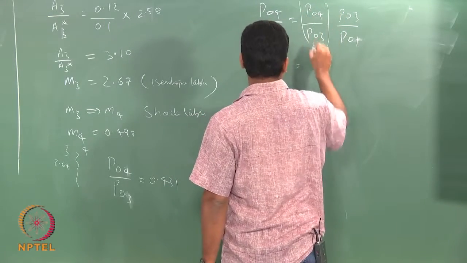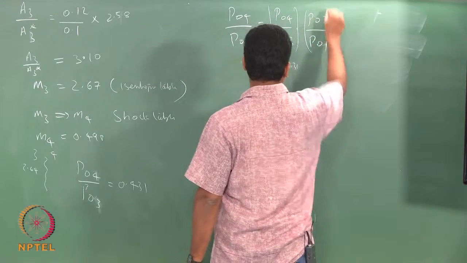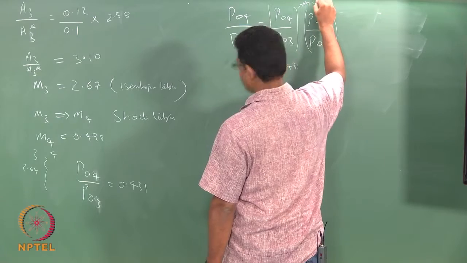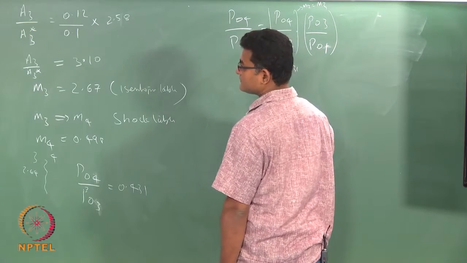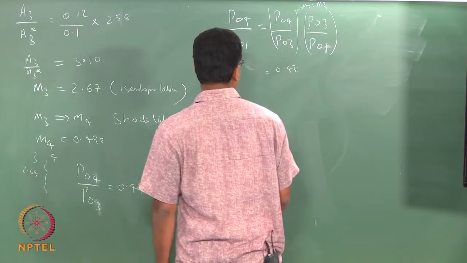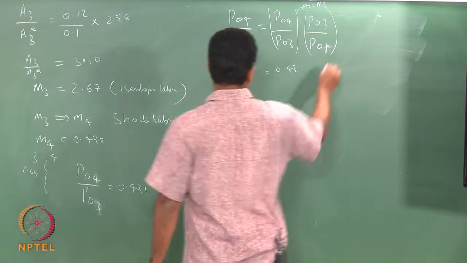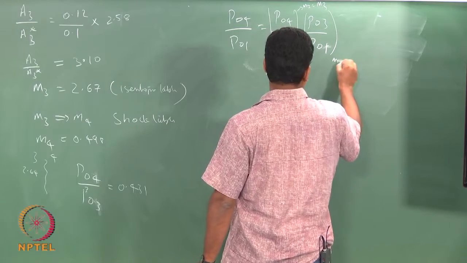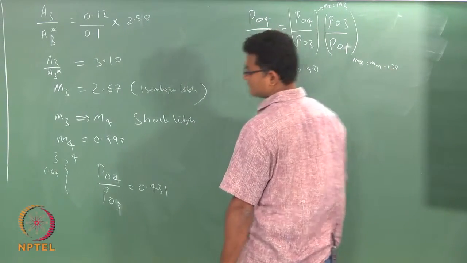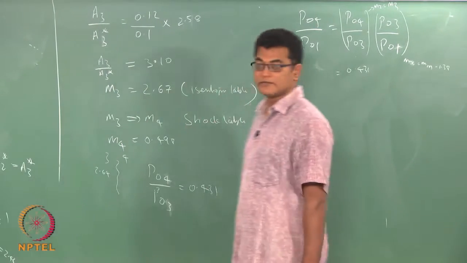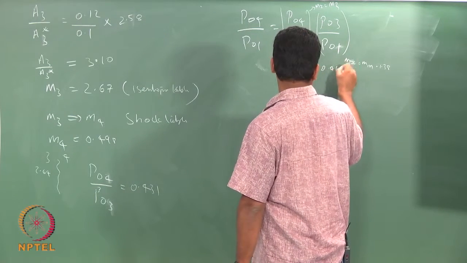This is associated with the shock relation, which is 0.431, with mx equals M3, and this is associated with the oblique shock, M2n, mx equals M1n, which is 1.38, which is 0.414.